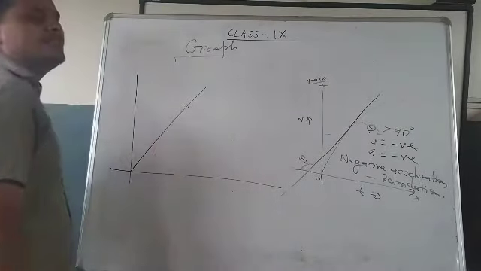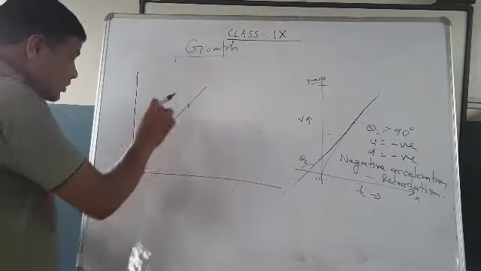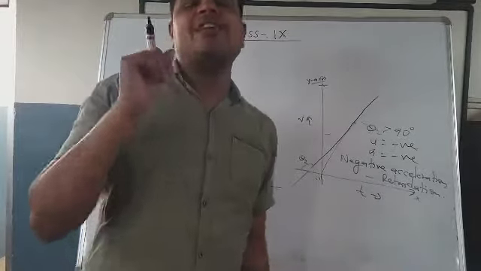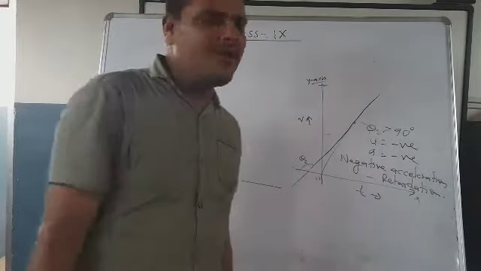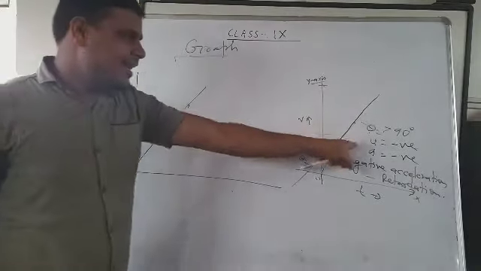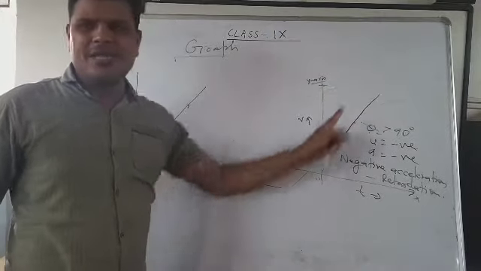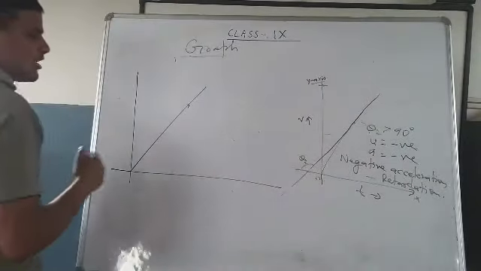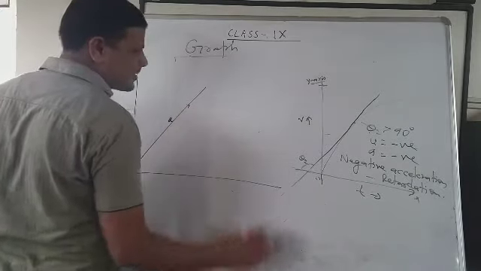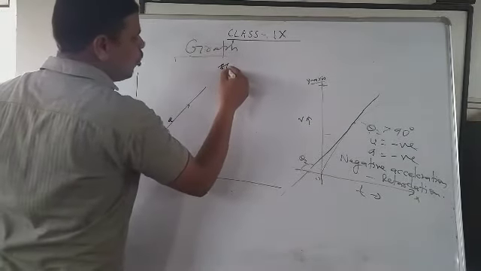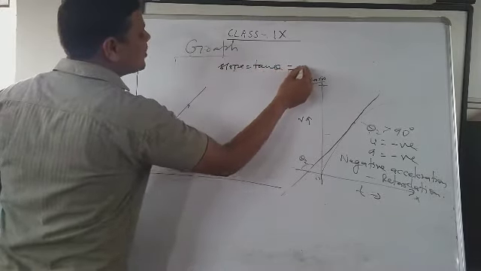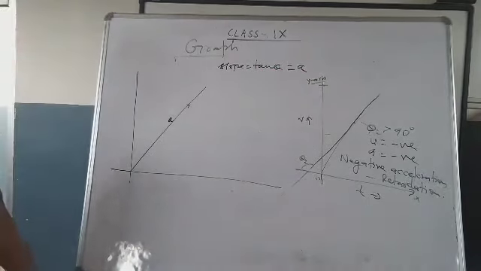What does this slope give? I have already told you that the slope gives the acceleration. In this case, the tangent we are drawing means we are drawing a slope. This slope, tan theta, gives us the acceleration.